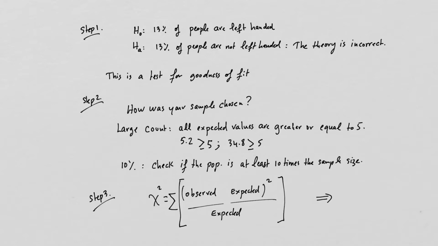Step 2, we check the conditions. They are exactly the same. We want to know how that sample of 40 was taken. I didn't describe it, but that's something you want to address. And don't just write things like SRS, check. This is not a way to test this condition. Make sure you put some effort into it. For the large counts, we want to make sure that all expected values are at least 5.